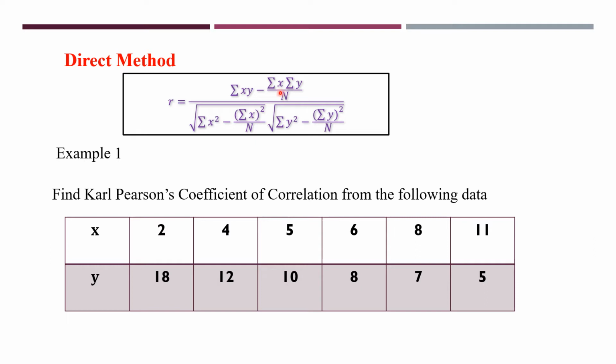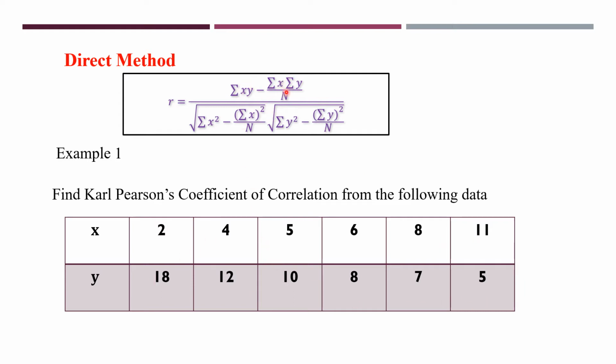So what are the things required? Summation x, summation y, n. How much is n? There are 1, 2, 3, 4, 5, 6. Six data are given for x and y. So n is equal to 6. Summation x: if I add all the values, I will get summation x. Similarly y.